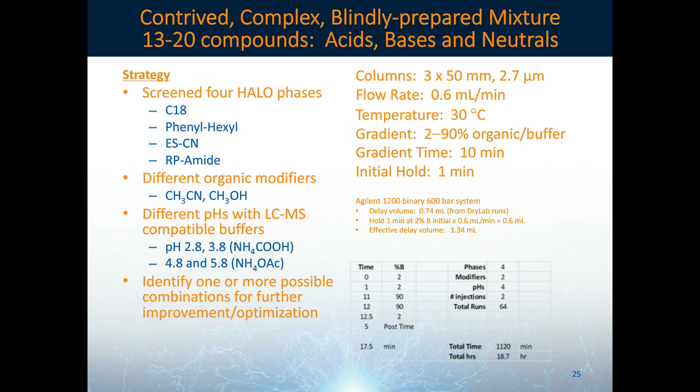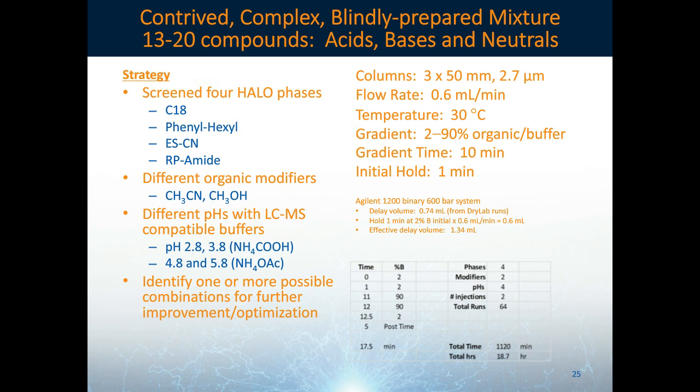We used 2 different organic modifiers, methanol and acetonitrile, and then we looked at different pHs with LC-MS-compatible buffers. So we looked at ammonium formate at pH 2.8 and 3.8, and ammonium acetate at pH 4.8 and 5.8. And the idea was to identify 1 or more possible combinations for further improvement or optimization. And you can see our run conditions are listed on the right-hand side of the screen.